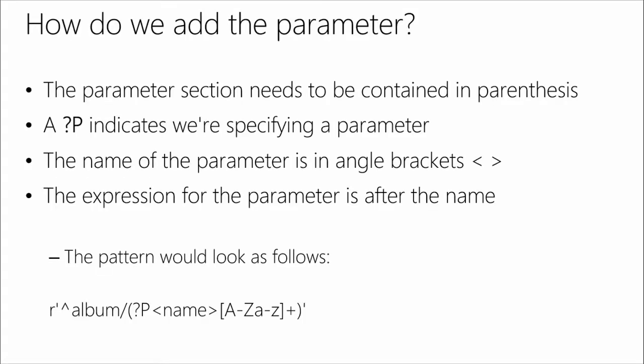And the way that we add on a parameter, and again, it's a little bit of, I think, quirky syntax, but there it is, we're going to, inside of our route, add in parentheses. We're going to kind of create a group. Question mark. Actually, question mark P is what's going to tell it that it's a parameter. This is eventually going to become the name of the parameter, and this is going to be the pattern.